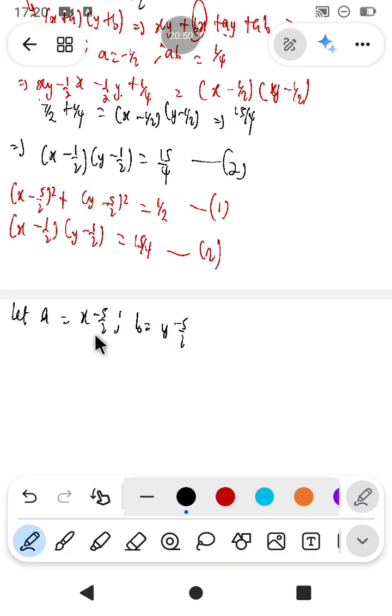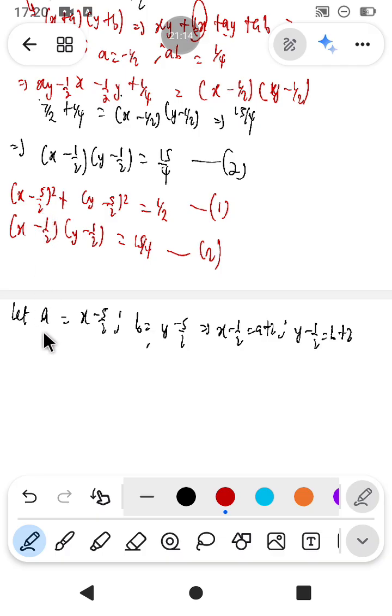So if A is x - 5/2, what will be x - 1/2? We add 2 to both sides, so we have x - 1/2 equals A + 2. Then for the second one also, we add 2 to both sides, you have y - 1/2 is equal to B + 2. Okay, so we can now rewrite the two equations.